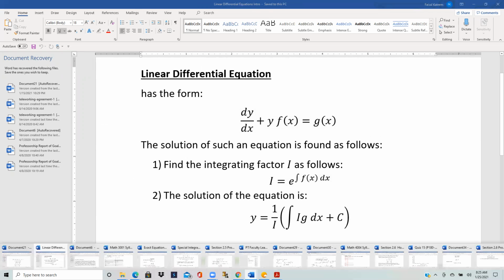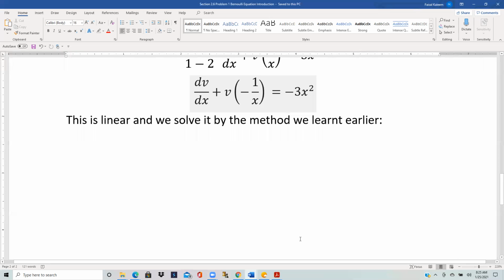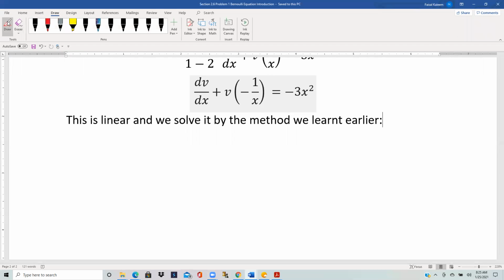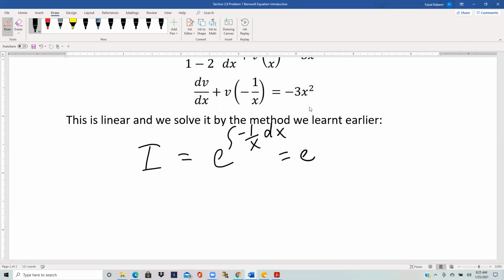In this case, the integrating factor will be e power the integral of whatever comes with the v, which is equal to e power negative ln x, which is e power ln x power negative 1, which is x power negative 1, or just 1 over x.